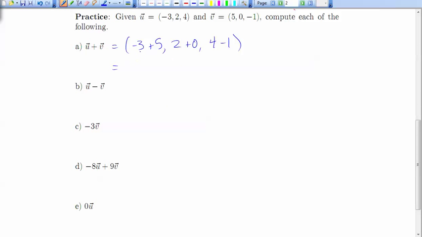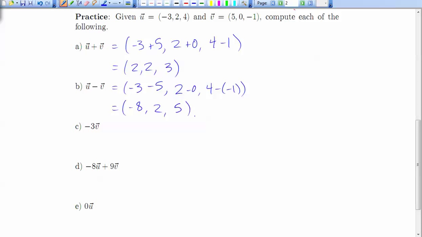And then, of course, all those little calculations, very simple. We get the vector (2, 2, 3). Okay. Now, if we do subtraction, I take the components of u and subtract the corresponding components of v. And, of course, we're going to get here (-8, 2, 5).